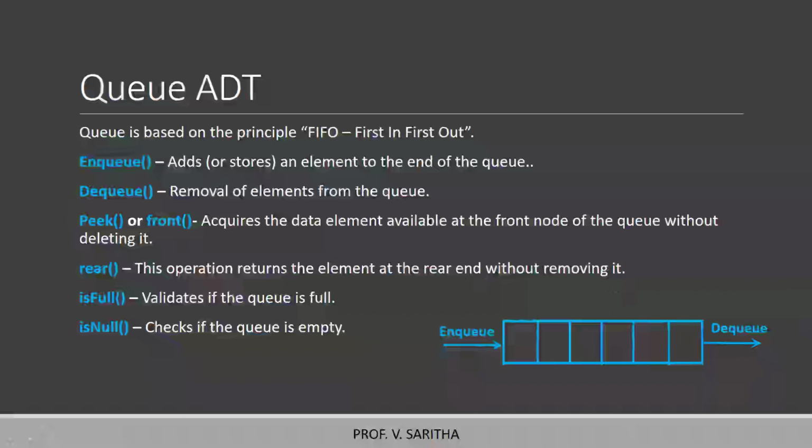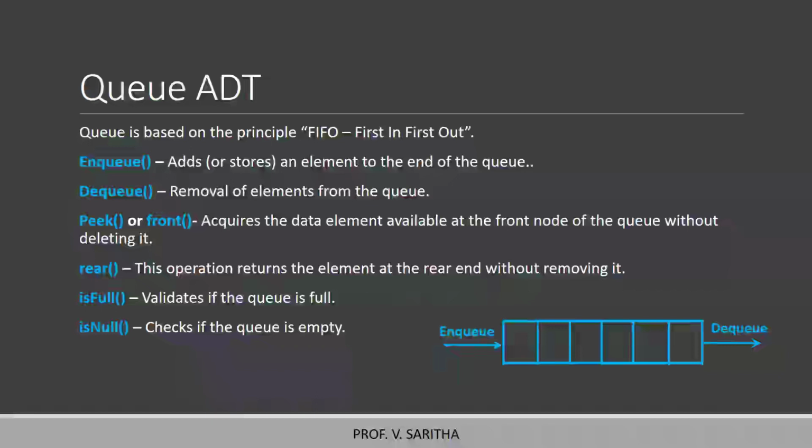If you observe in the previous videos on the stack, the peek operation is there, which returns the top element of the stack, but it will not delete it from the stack. Here, because we have both directions, two pointers will be there, front and rear. In the case of a stack, we have only the top of the stack, a single pointer, but here we have two things, front and rear.